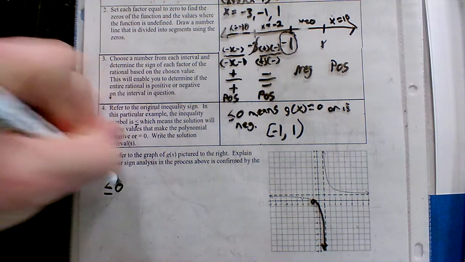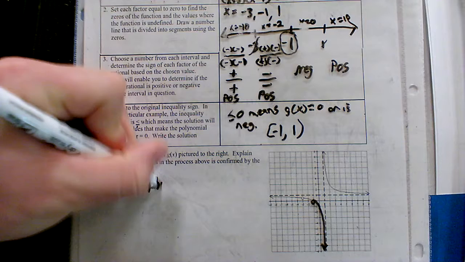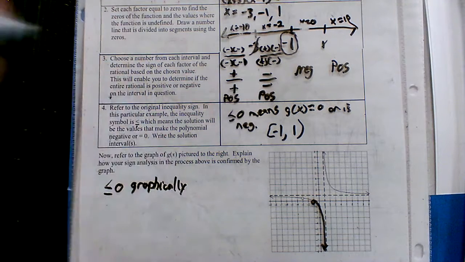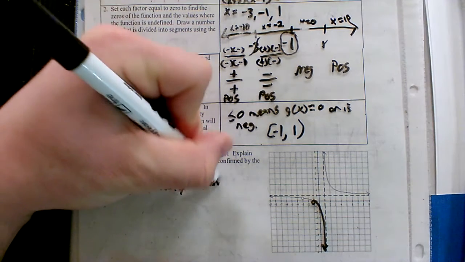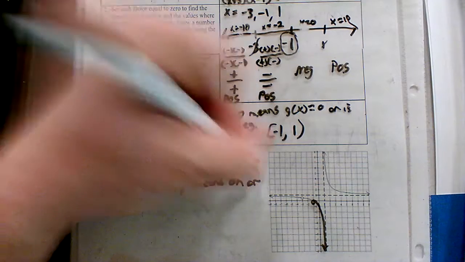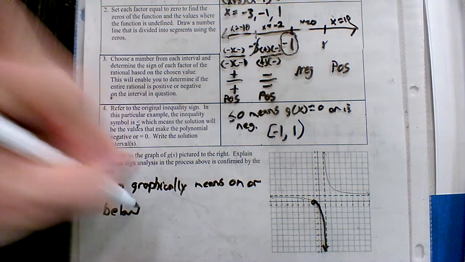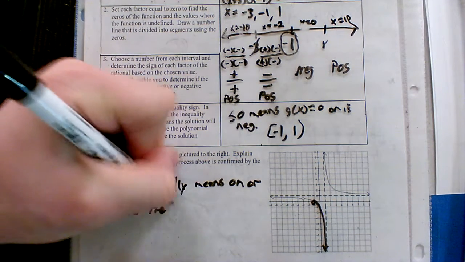So less than or equal to 0 graphically means on or below the x-axis.